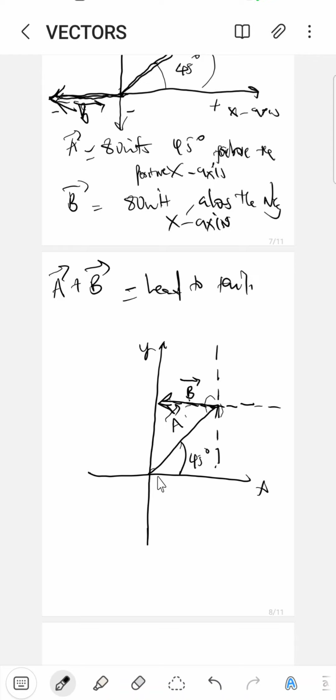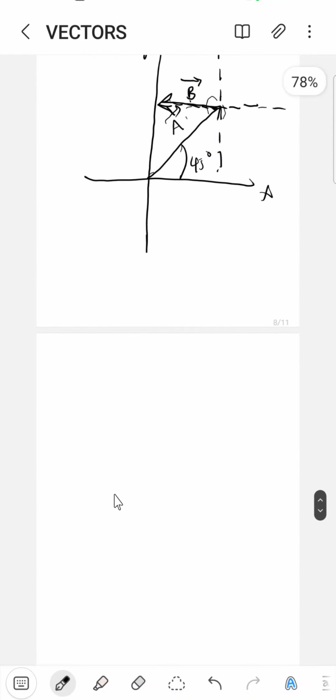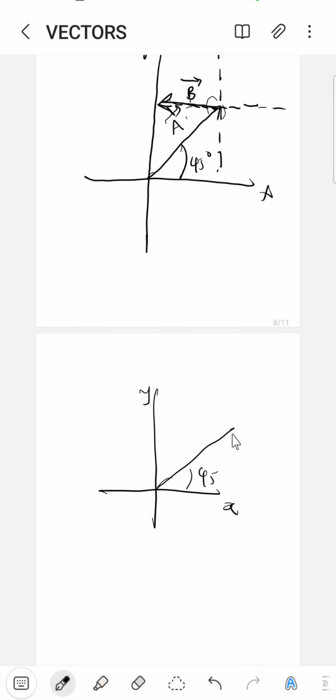So you have y, x, 45 degrees for A, and B moving in that direction.